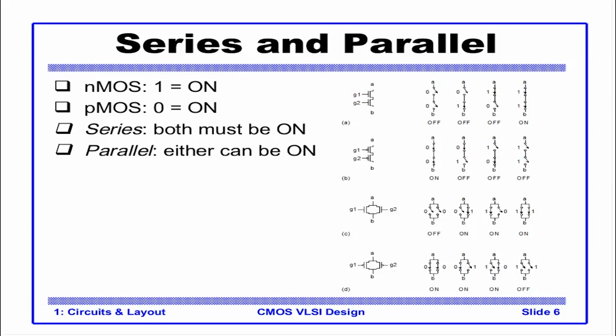Similarly, for the PMOS, which is the complement of NMOS, whenever both of them are 0, only then will the path be on. So this represents an AND gate.